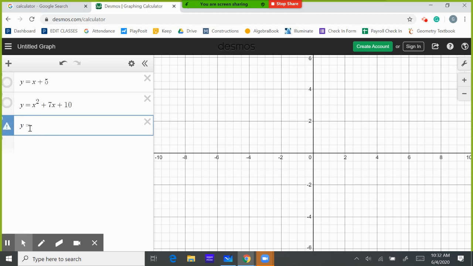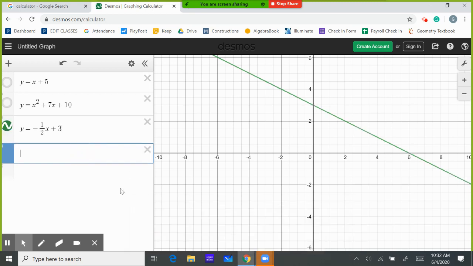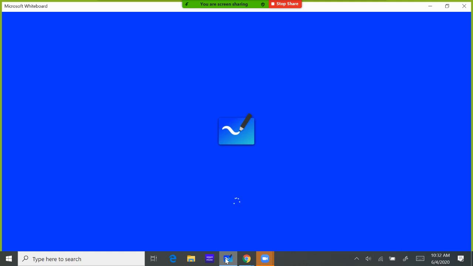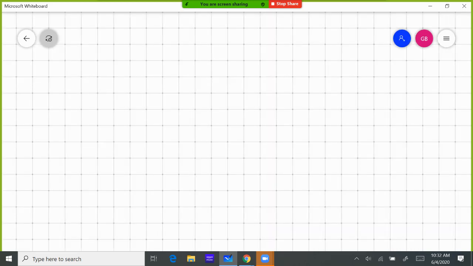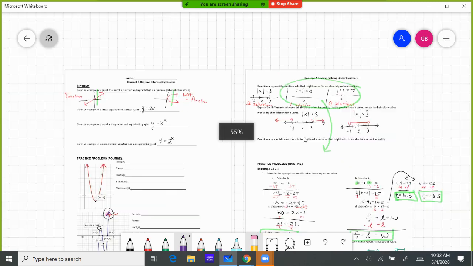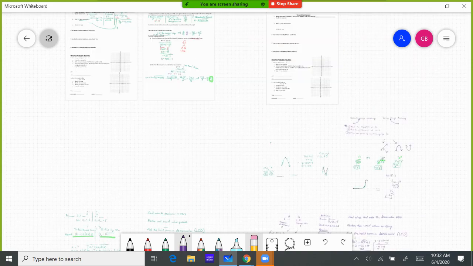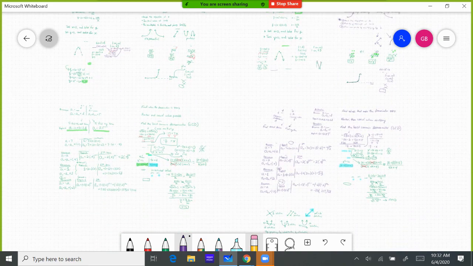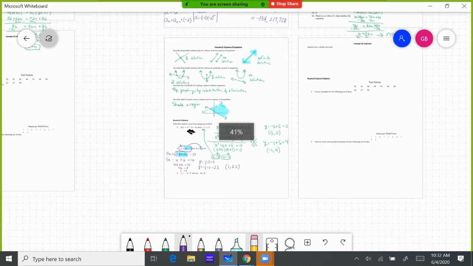So y equals negative 1 over 2x plus 3. And then the other equation was, let me find it again, 5x plus 2y is equal to 10.